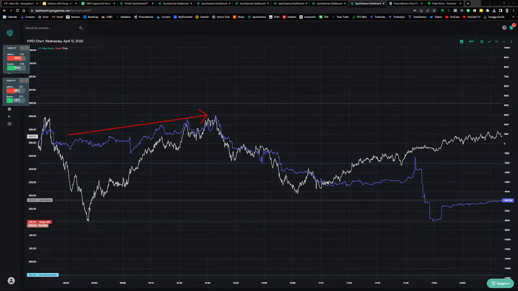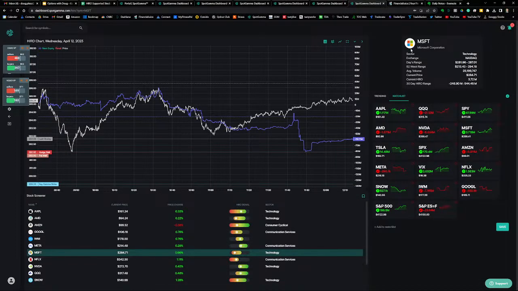Hero moving higher. Price moves lower, then higher, and reverses right at the 282 hedge wall, put wall level. All right, so that was one of the better setups this morning in stocks.